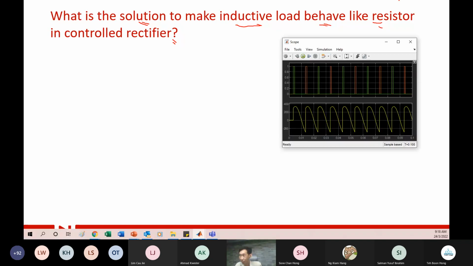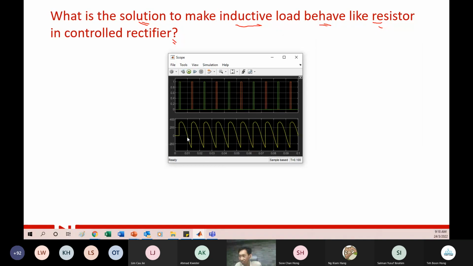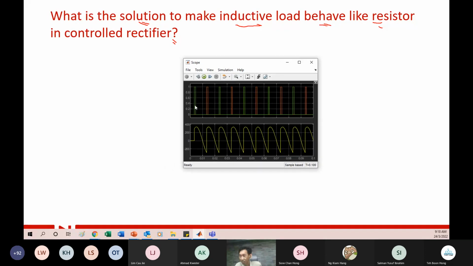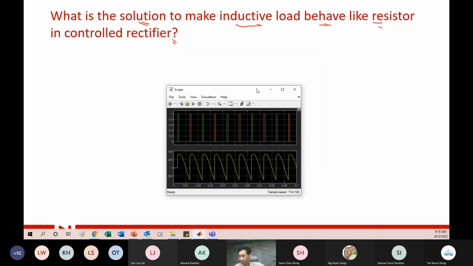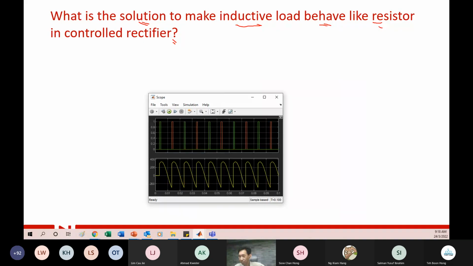The problem is that we need to get rid of the negative, right? We need to cancel it off. All forgotten already.